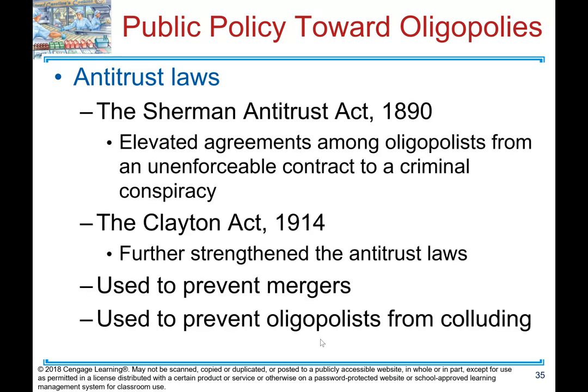The Sherman Antitrust Act of 1890 elevated agreements among oligopolists from an unenforceable contract to a criminal conspiracy. The Clayton Act of 1914 further strengthened the antitrust laws, used to prevent mergers and to prevent oligopolists from colluding.